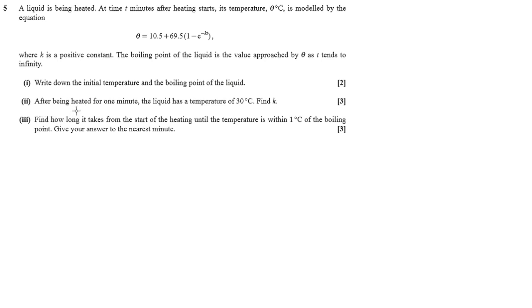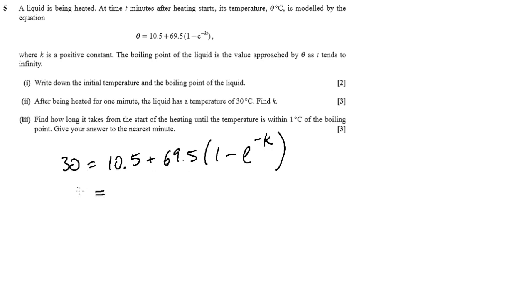For part 2, after being heated for 1 minute, the liquid has a temperature of 30 degrees Celsius, and we need to find the value of k. So let's give this a try. When theta is 30, then with t equals 1, the exponent is just minus k.